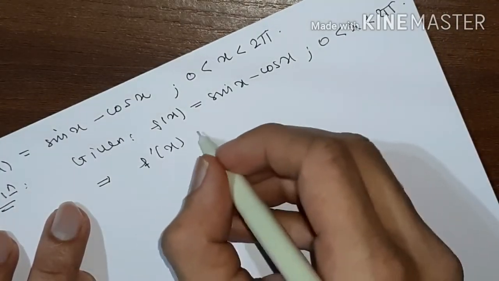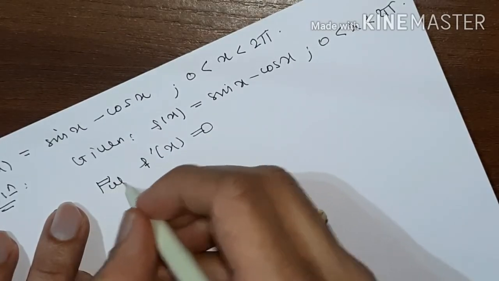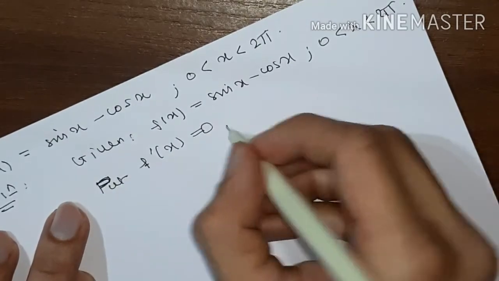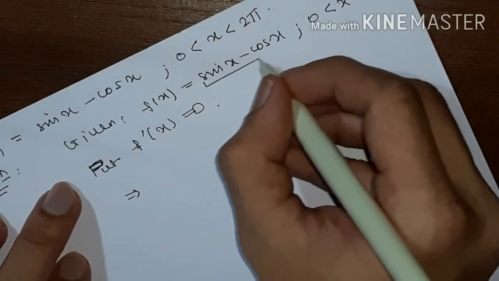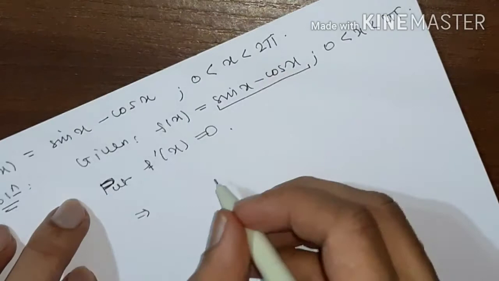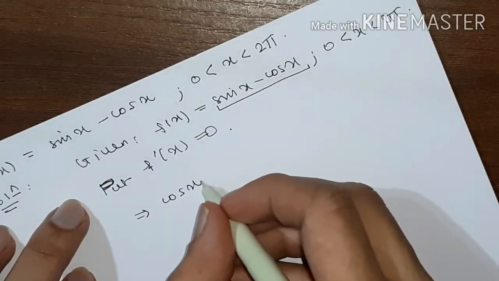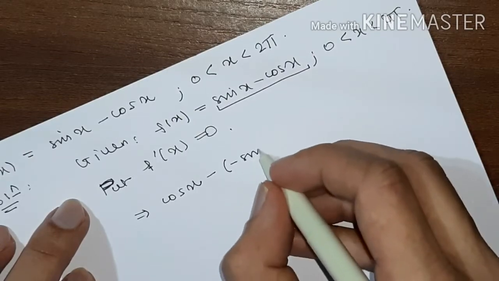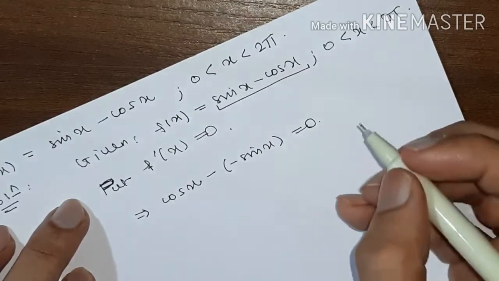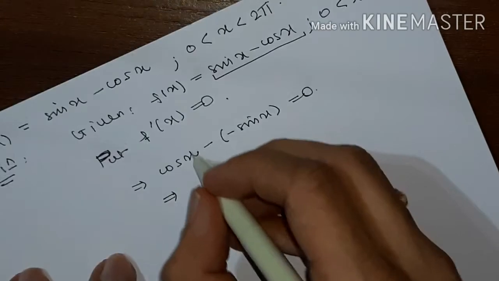Then after this, what you put? F prime of x equal to 0, right? Then what is the derivative? That is derivative of this, which is cos x, right? And minus of derivative of cos x is minus sin x, equal to 0 you will get, okay. So which is what?